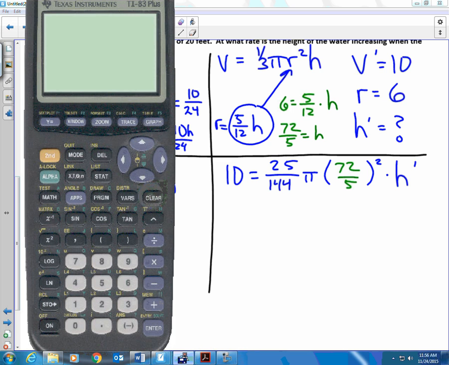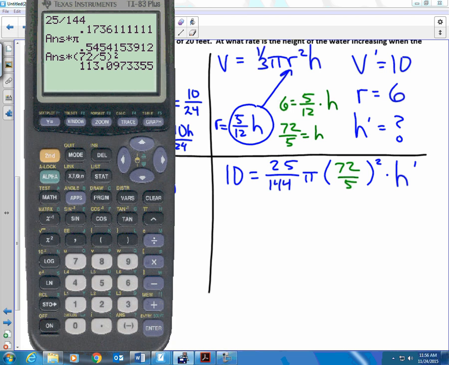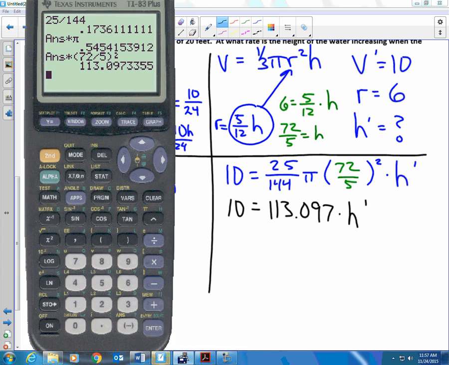It's kind of messy, but it's part of the nature of dealing with calculus sometimes. 25 divided by 144 times pi, and then times 72 divided by 5, that quantity squared, and I get 113.097. So 10 is equal to 113.097 times h prime.